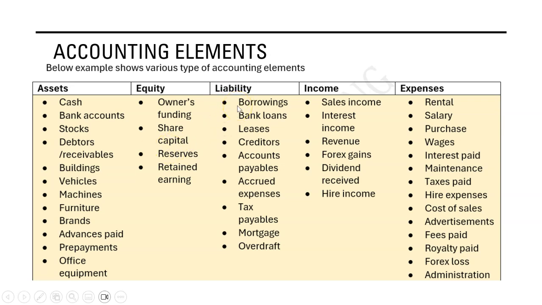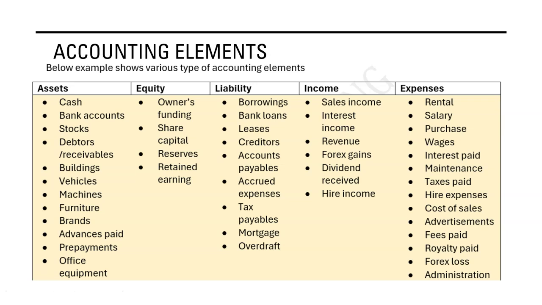Liabilities, as I explained earlier, are external borrowings: bank loan, lease, any accounts payable, tax payable, and any accrued expenses.